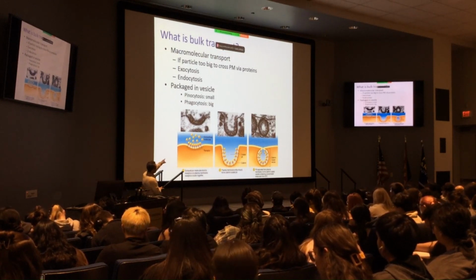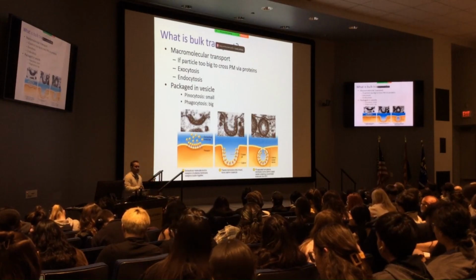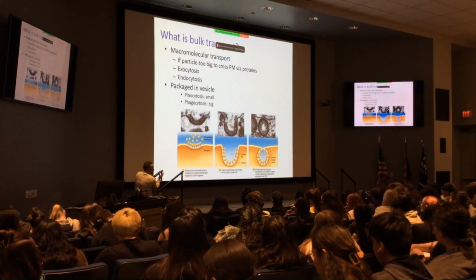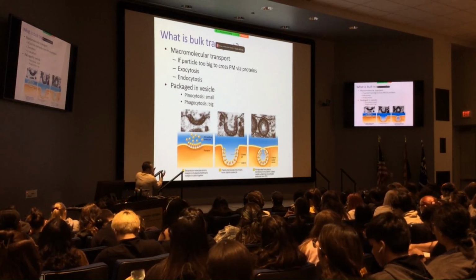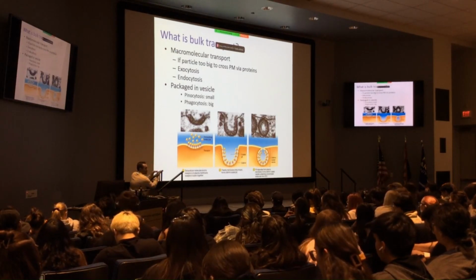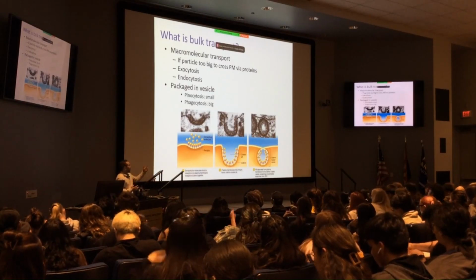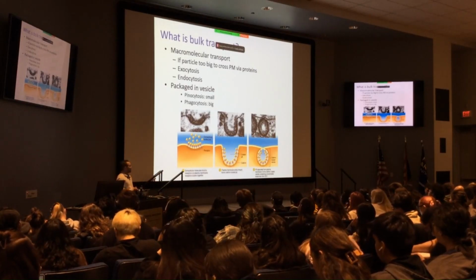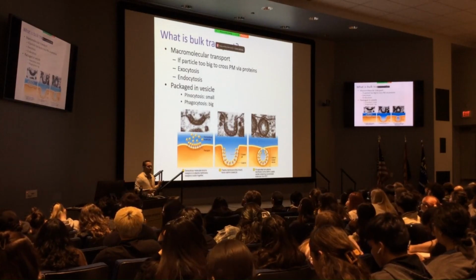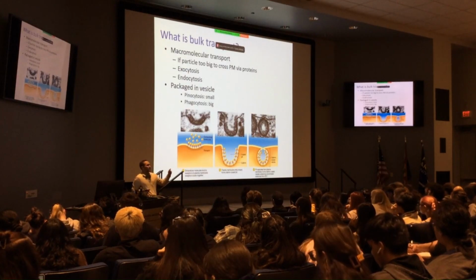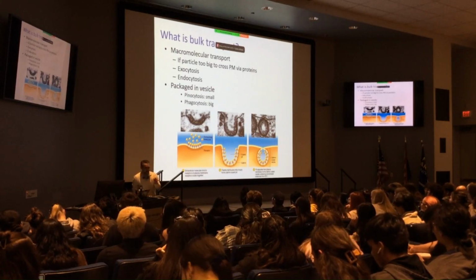So you've got, on the far left, the receptors that bind the molecule. The membrane itself invaginates or forms a pit. It pinches off and internalizes that molecule, known as endocytosis. If they're small molecules, we have a term for it. We call it pinocytosis, which actually translates to cell drinking.